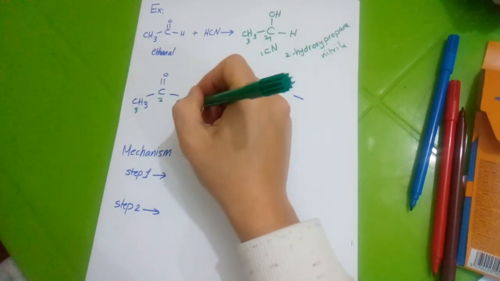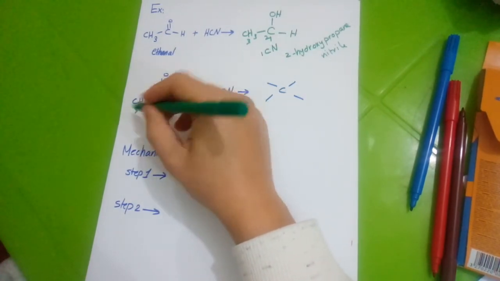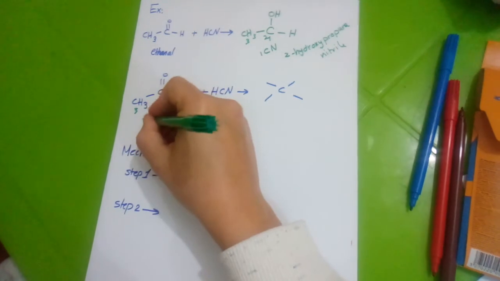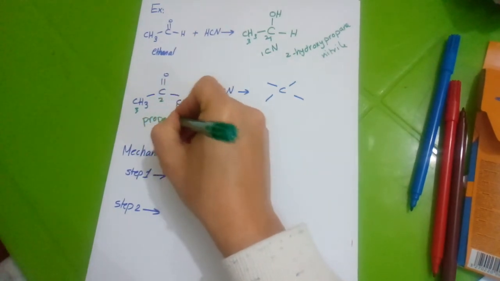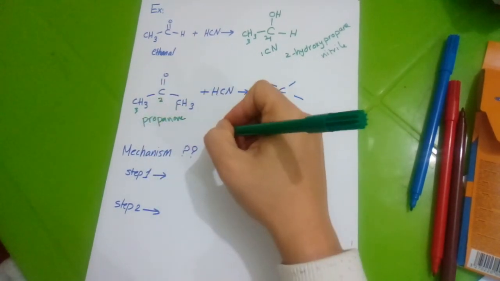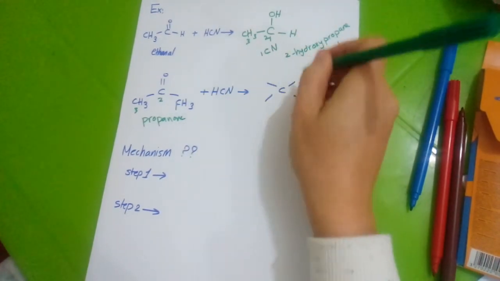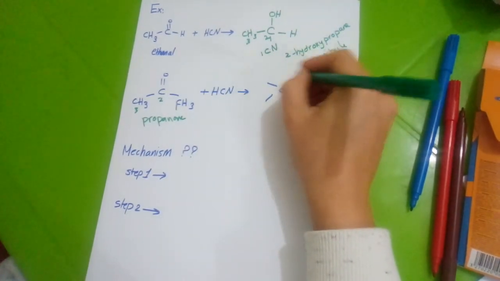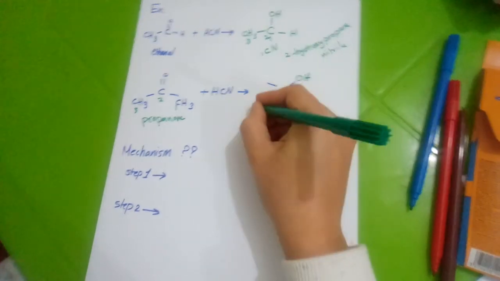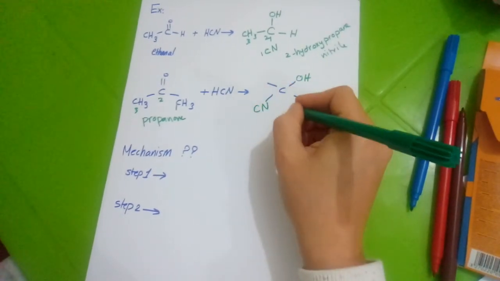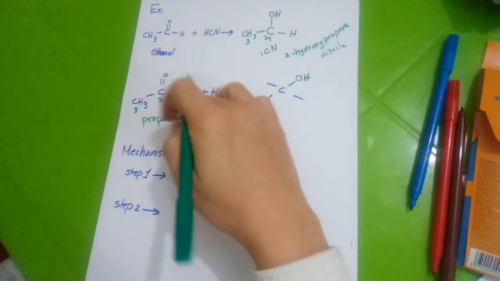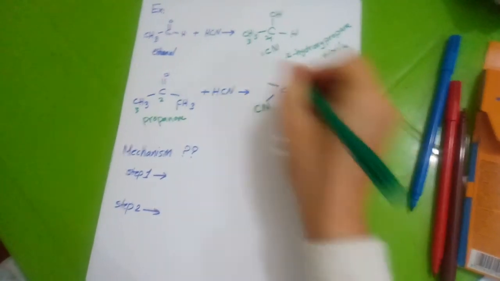Okay, so I will start from that side. It's what? 1, 2, 3. It's a propanone. Okay, this is a ketone. When we add hydrogen cyanide, I will add to this oxygen a hydrogen atom, and cyanide will be added like this, and the CH3 will remain as it is.